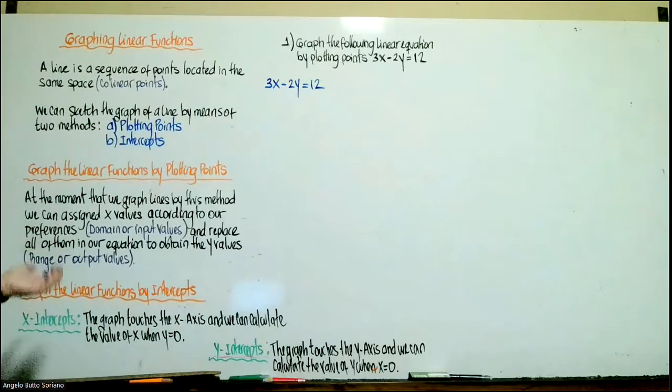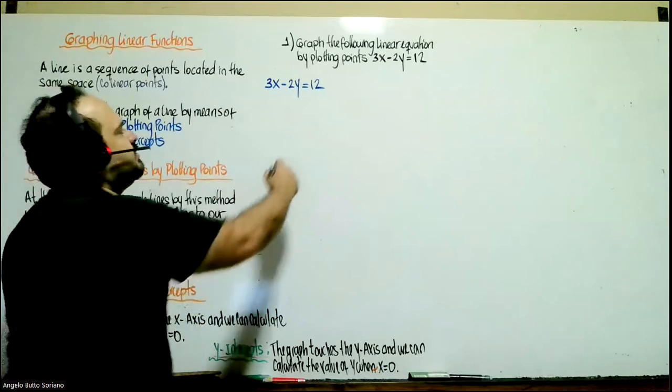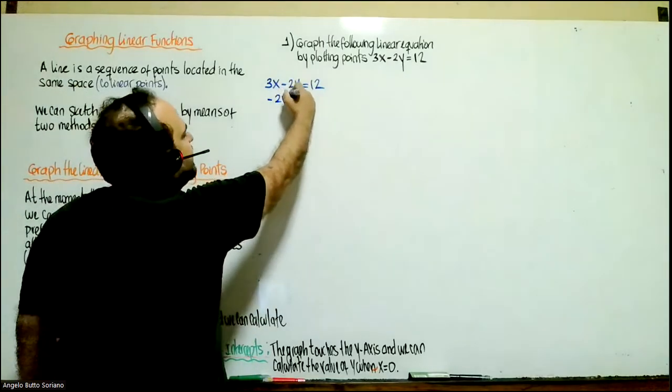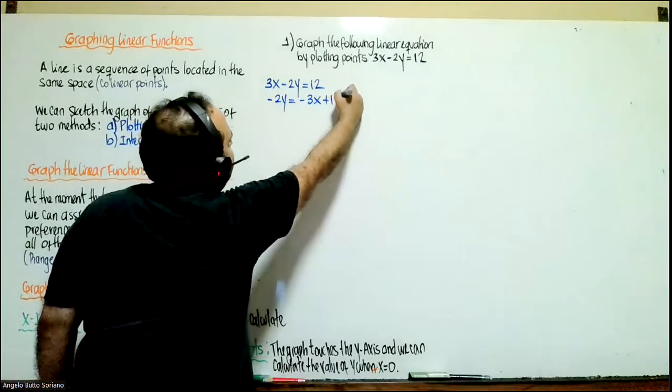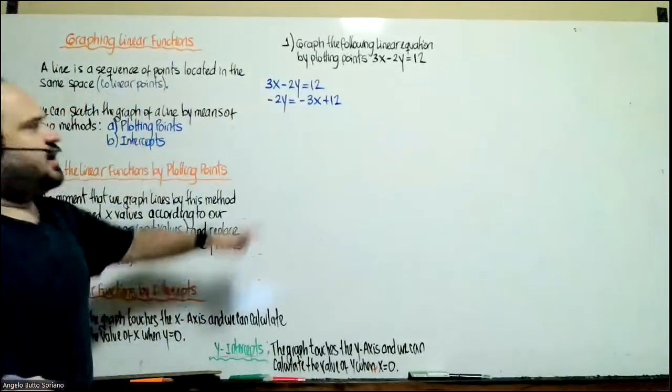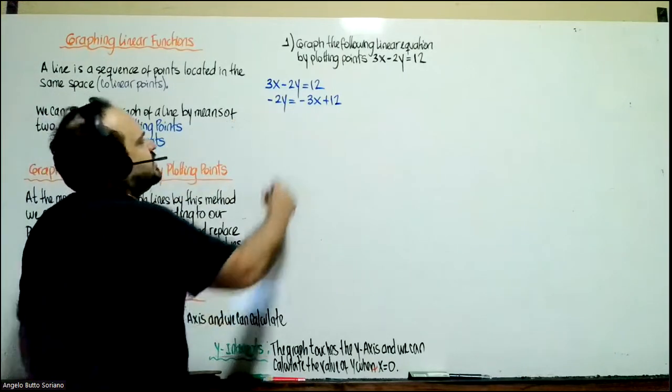Remember, the first thing that we must do is solve for y. Because 3x is added, it passes to the other side subtracting. So we get negative 2y equals negative 3x plus 12. Because the number 2 is multiplying, it passes to divide.